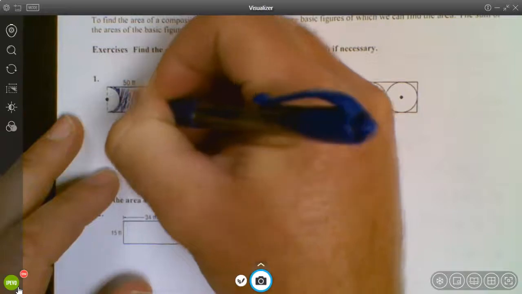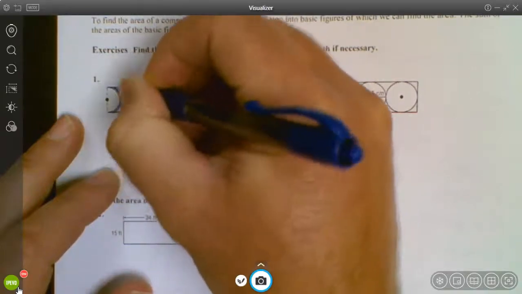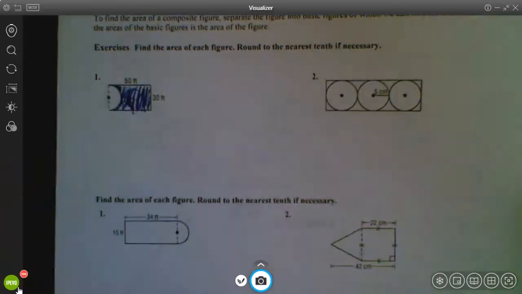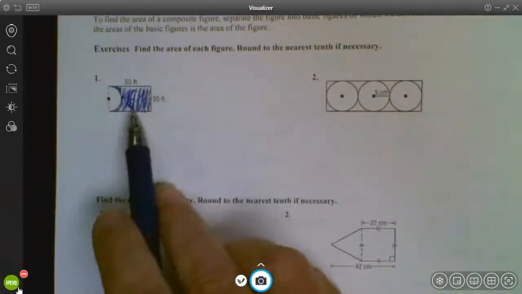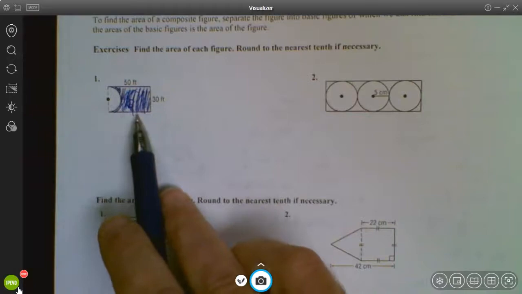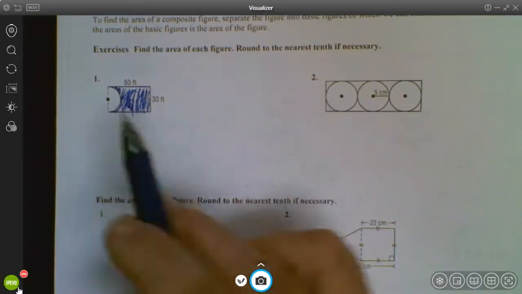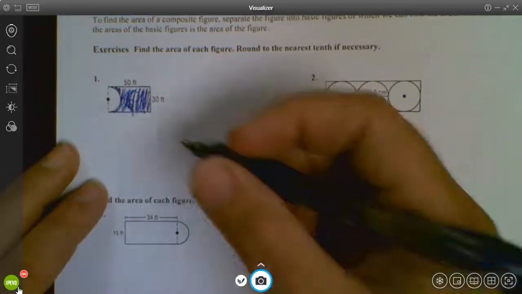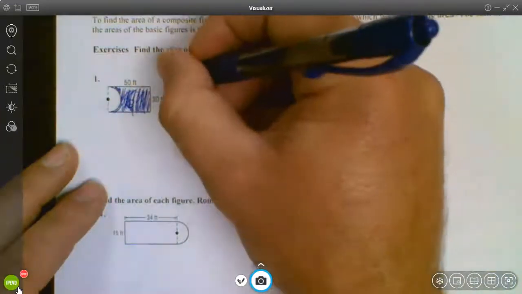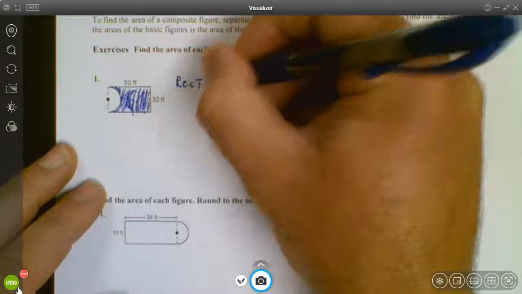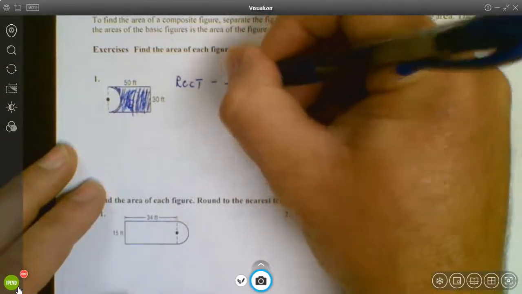And the way I always encourage you guys to approach these is lay out a blueprint for yourself of what you're trying to do here. I can see that this is a rectangle overall, and I need to get rid of half of a circle so that I'm only left with the blue stuff, right? So personally, I would even write that out. I say I'm going to take a rectangle, and I'm going to subtract half of a circle.